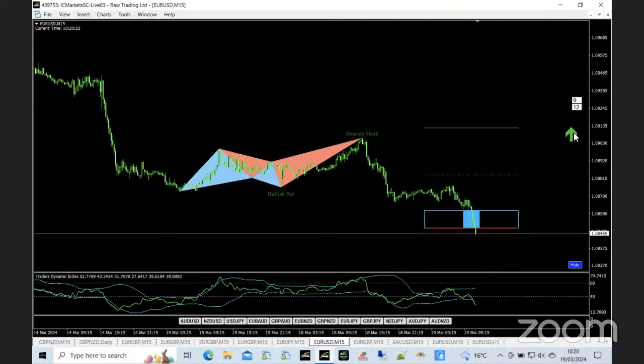Yeah. I mean, I just had this like this, but we didn't have an entry. So as you can see here, it went down. Me personally, I didn't have an entry for a very simple reason, because the last harmonic was a bearish harmonic. So I am not interested in buying the market. Since this is a bearish harmonic, I would only be interested in selling the market.